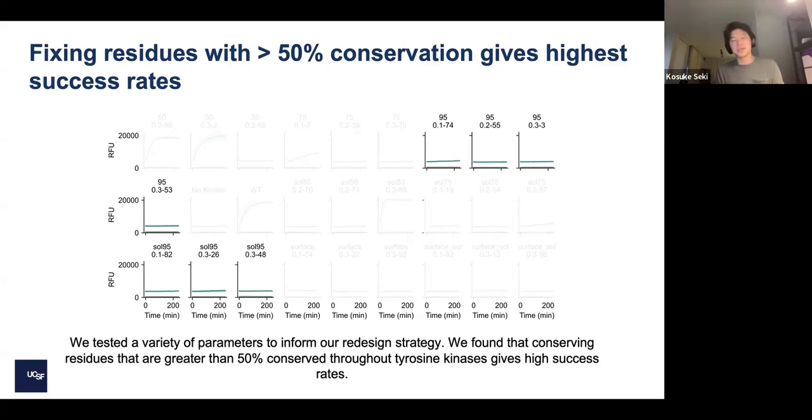So we can explore the sequence function landscape in a much greater way than we could have before. And since we now know that we can do this in a relatively successful way, we then wanted to do this at scale. We told you that exploring the sequence function landscape is massive. And so we wanted to not test 20, but we wanted to test hundreds or even thousands of these sequences.